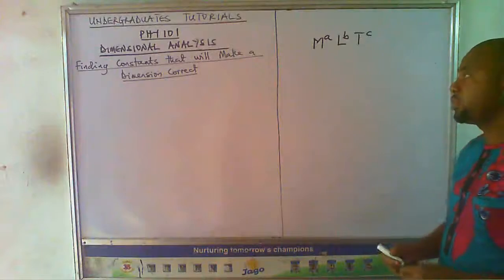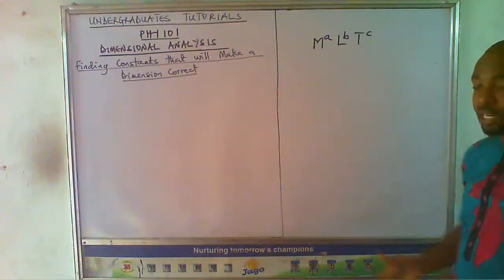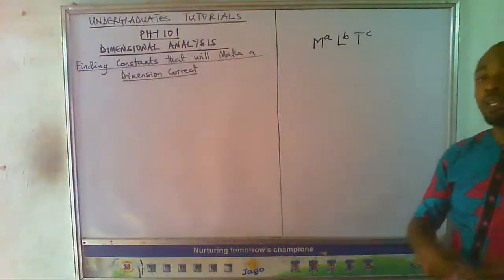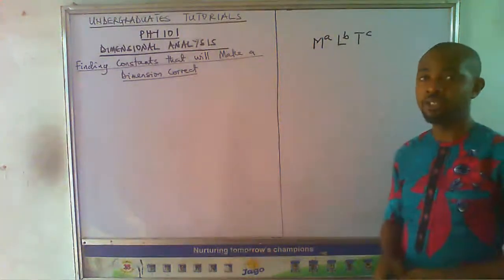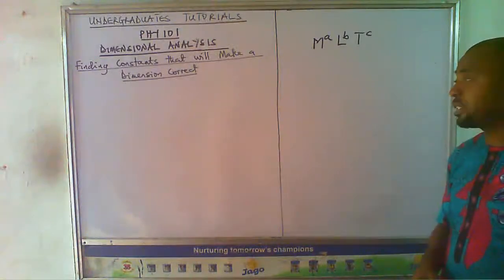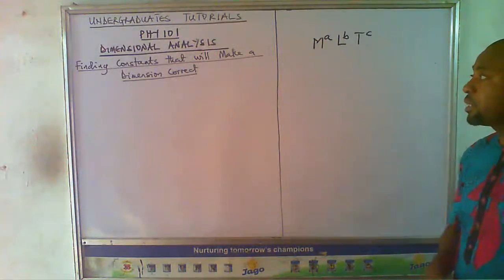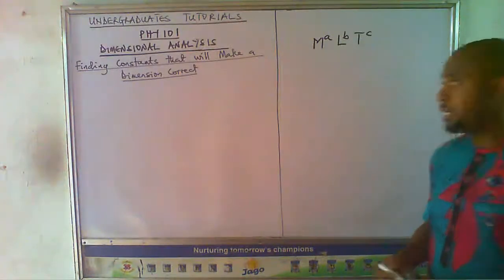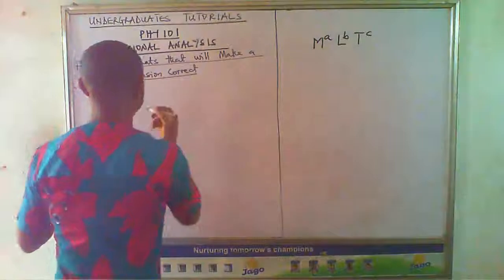That's our business today. And for us to do that, there are steps that we need to take. We always like to break everything down to steps so that people can easily understand them. So let's look at the steps that we need to take in order to find constants that will make a dimension correct. So what are the steps?